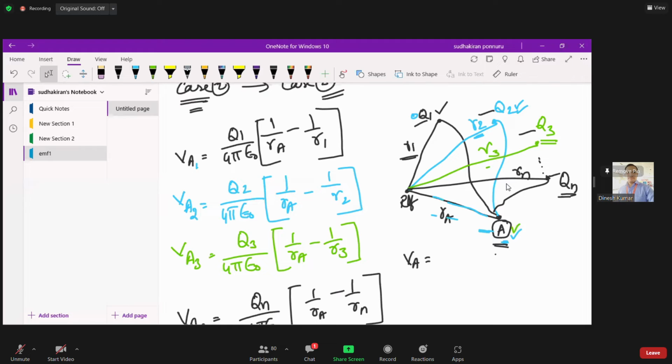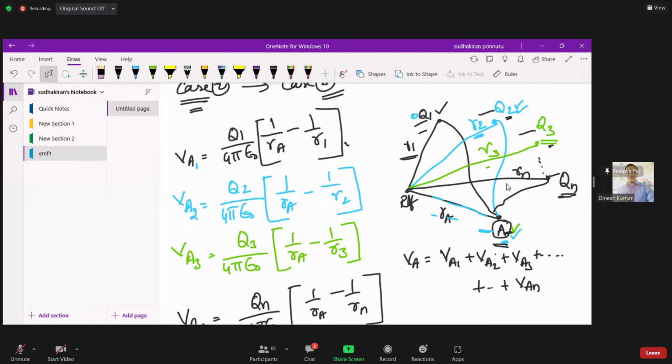The final value of VA will be the potential at A because of Q1, plus the potential at A because of Q2, plus the potential at A because of Q3, and so on up to Qn. That is VA1 plus VA2 plus VA3 and so on, plus VAn.